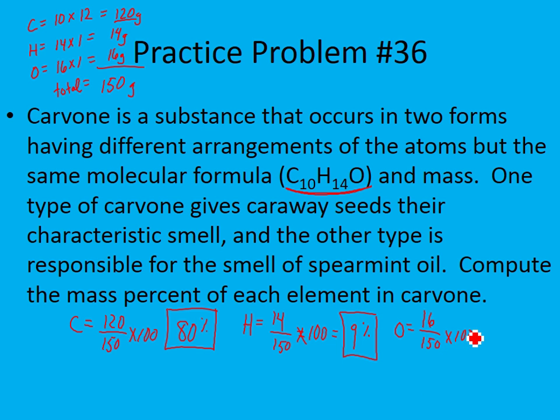And I'm getting that it's 10.666 repeating, so let's round that to the nearest whole number. You round 10.66 repeating, you'll get 11. Okay, and if we added up 80, 9, and 11, we would come to 100%. So that's just a good idea to do at the end of these problems to make sure that you did it correctly. Anyway, that is percent composition.